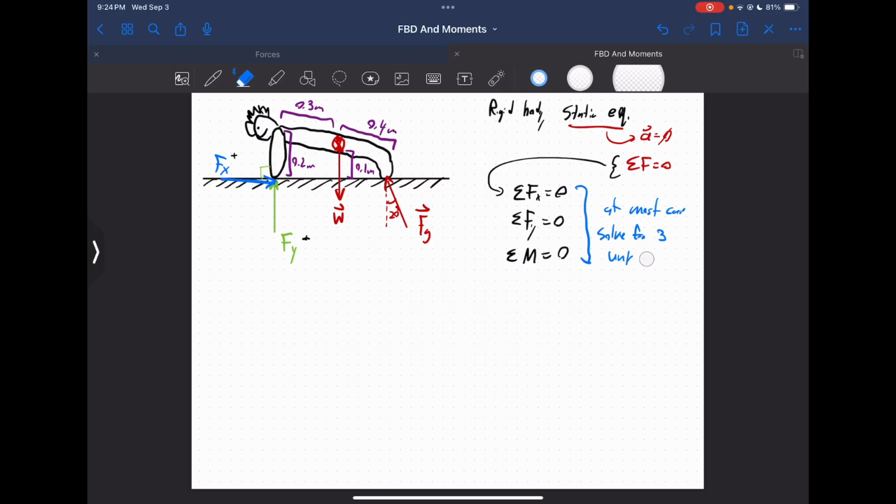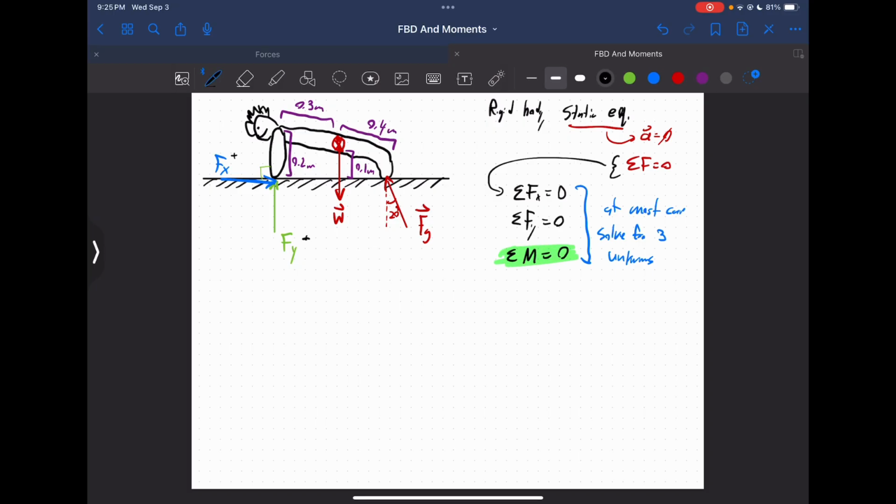We can keep that there. And the first step, you can technically start with any of these equations, but you can be strategic about it and start with an equation that's going to make your life easier. And in most cases, especially in most classes, that equation that's going to make your life easier is the moment equation.